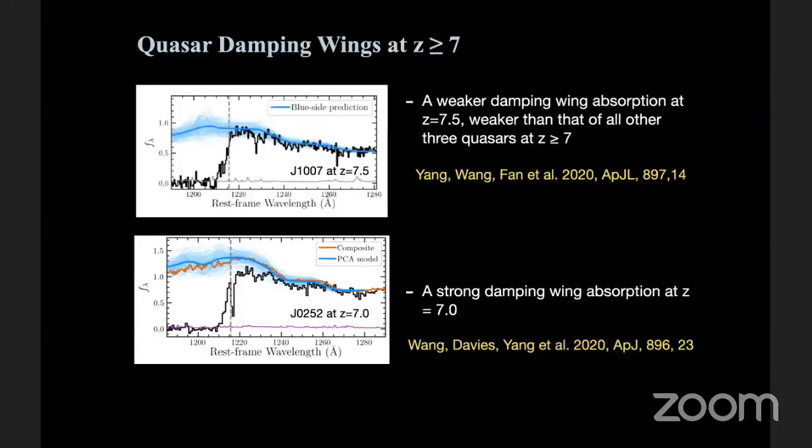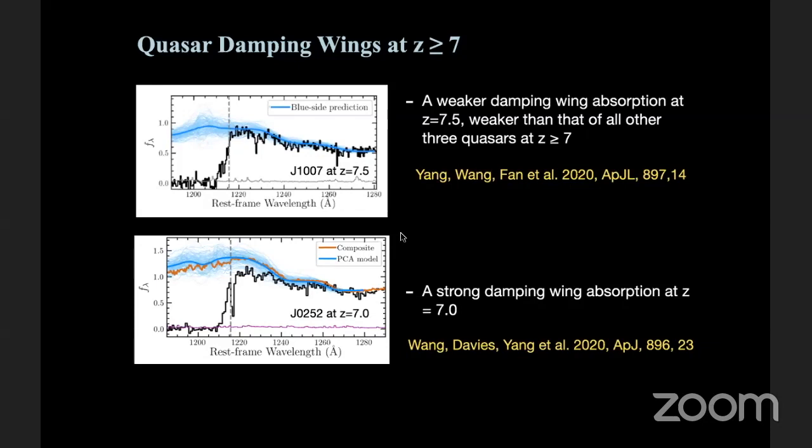The next one is when we want to go to redshift above 7. We can no longer use the Lyman alpha or Lyman beta forest, and it's also hard to find transmission spikes there. So what we can use is the quasar damping wing. As I showed before, there are already two quasars above redshift 7 with similar measurements. These two new sightlines from our new survey are a redshift 7.5 quasar and a redshift 7 quasar.